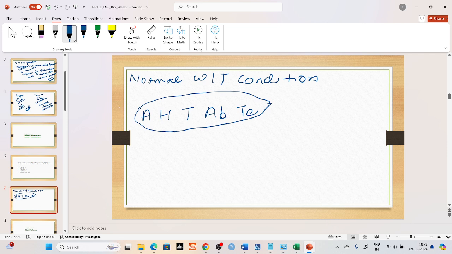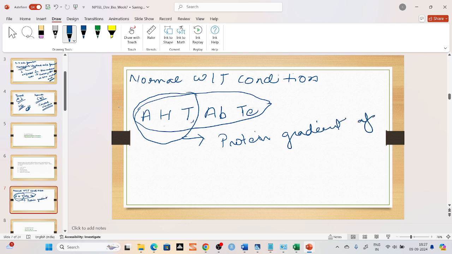Now, this head and thorax that has been formed, this anterior portion, has resulted because of the protein gradient of what? Bicoid. How?